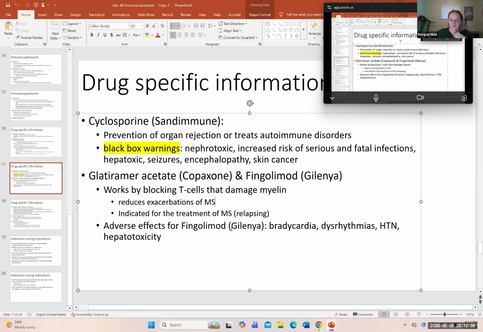And that this Gilenya has these adverse effects here. The hepatotoxicity, again, you don't have to worry about because we know that any immunosuppressant can cause that. However, it can cause cardiac issues like dysrhythmias, bradycardia, or hypertension. Questions here? And remember, that's only for Gilenya. That's not for the Copaxone.